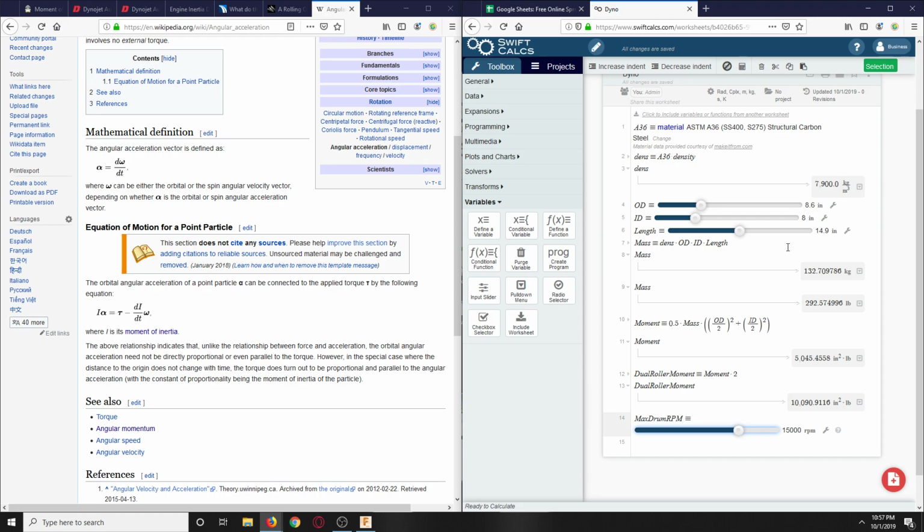That all depends on the size of the rim and the size of the drum. So we also need to do that here to make sure that we don't over-RPM the drum. The RPM of the drum is going to be determined by the bearings that we find that are going to run inside the drum. So max drum RPM equals whatever, 15,000 RPM, let's say.